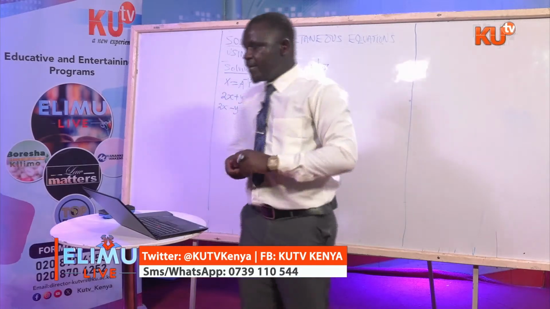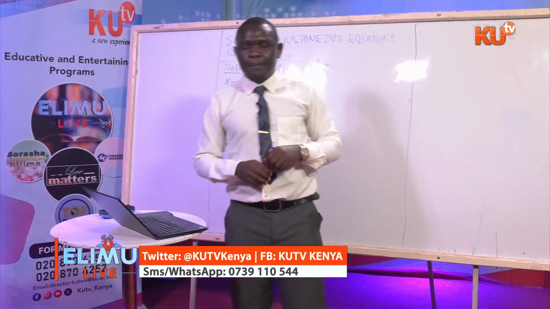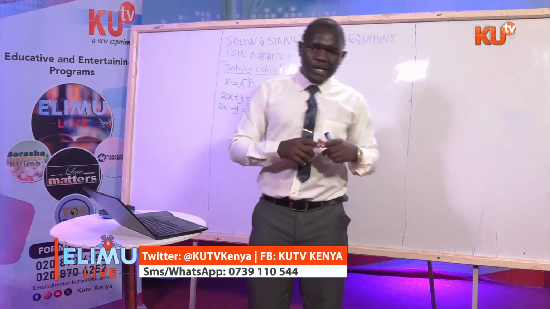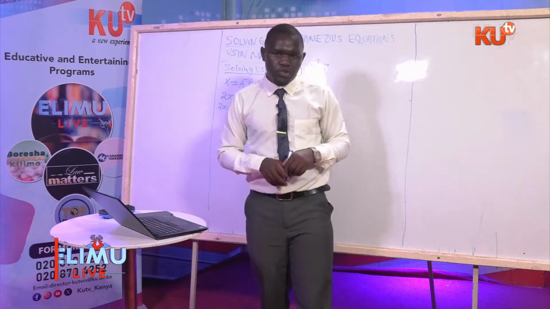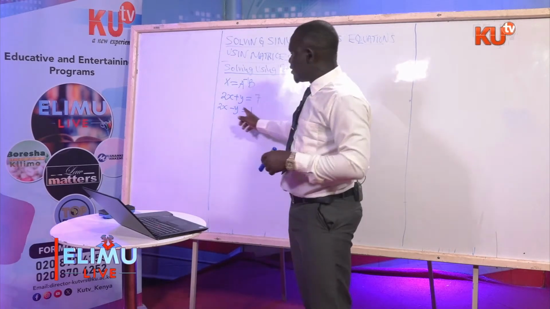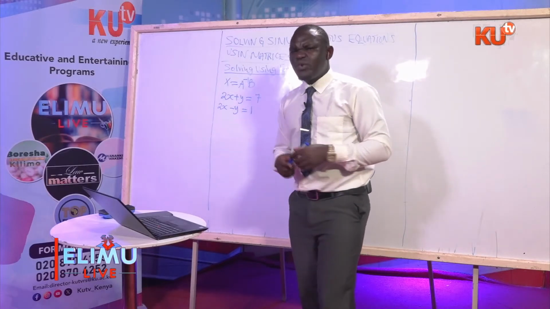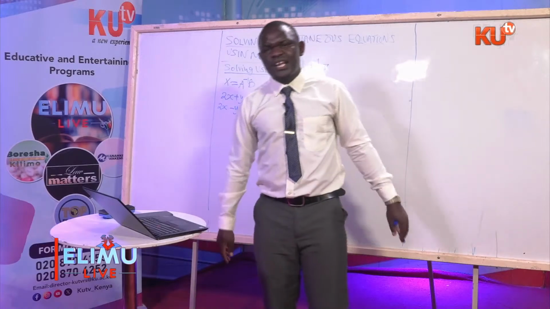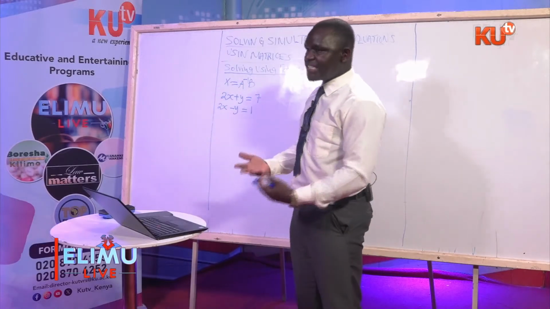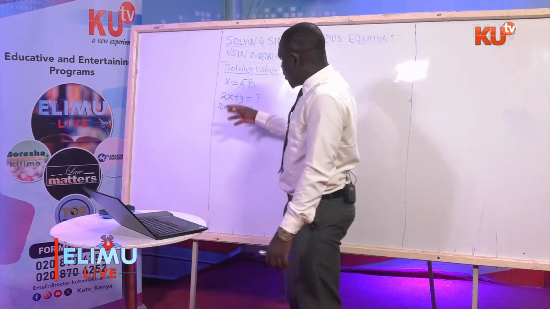What do we do? This is a system of linear equations. Step number 1, you change the linear equations into matrix equations. And how do you change the linear equations into matrix equations? It's very simple. Before you do the changing, confirm your constants.